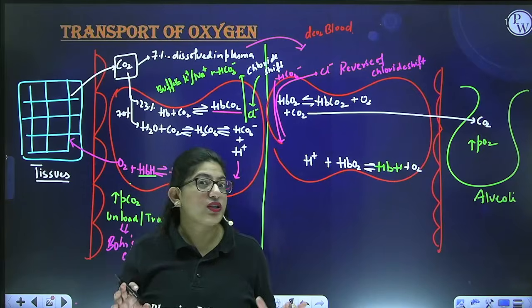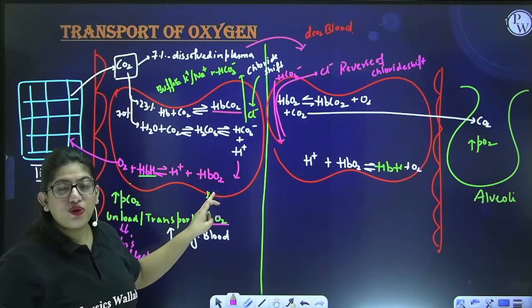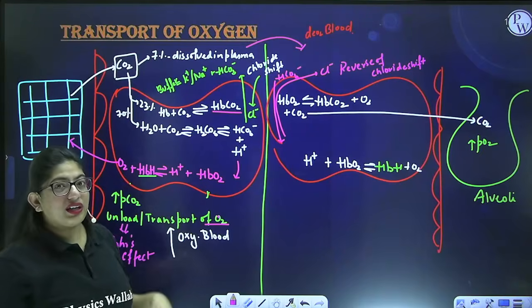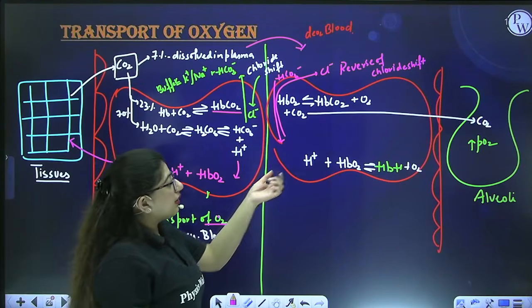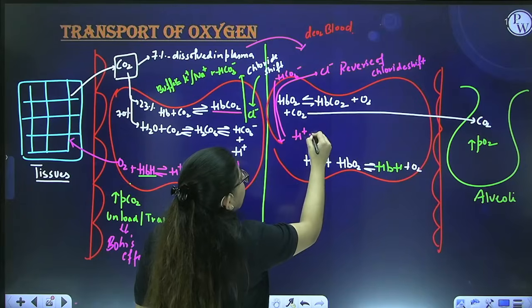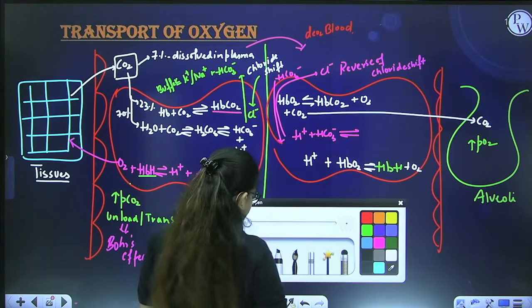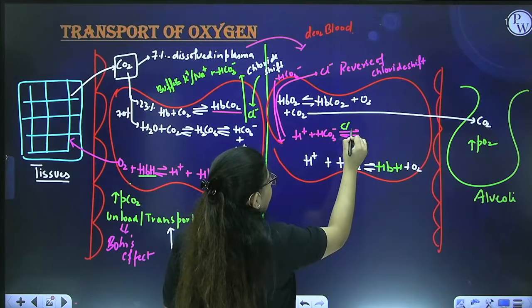Though H positive ion already betrayed HCO3 negative and bound with the hemoglobin, HCO3 negative is a die-hard lover. So when it saw that H positive ion is free, HCO3 negative will come back again and the reverse will take place with the help of the same enzyme, carbonic anhydrase.